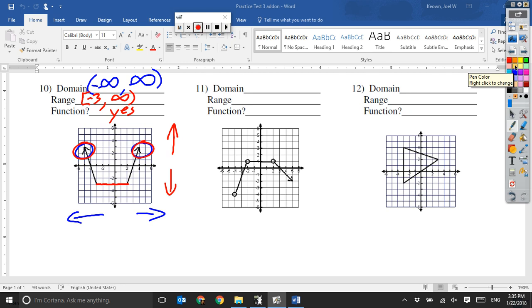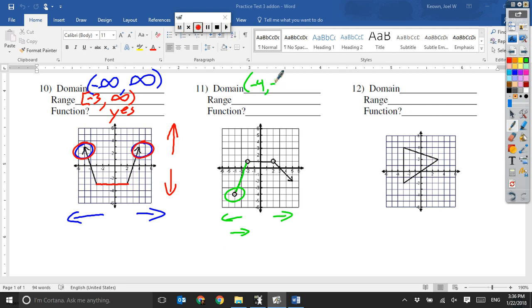For this one, again, domain is left and right, and here we have some weird stuff going on, specifically at these two coordinate points in the middle of my graph. So let's start off with the left. I see it goes to that point, which is -4, and it's an open point, so I'll put parentheses. And then as it moves right, it goes up until it gets to this point right here, and it's an open point, meaning my graph doesn't exist at an x value of -2.